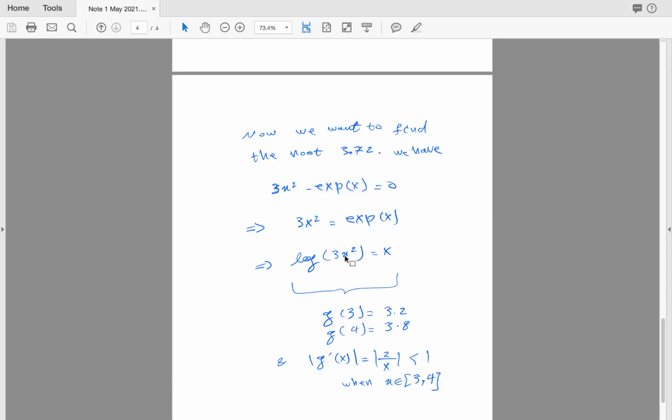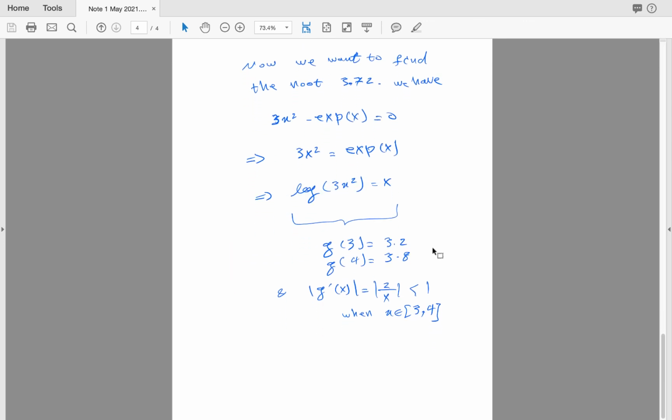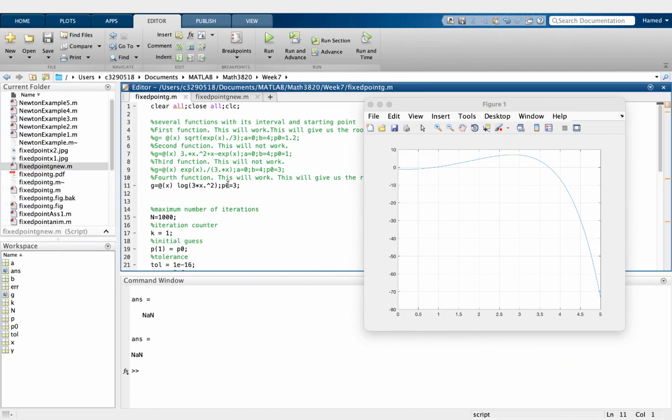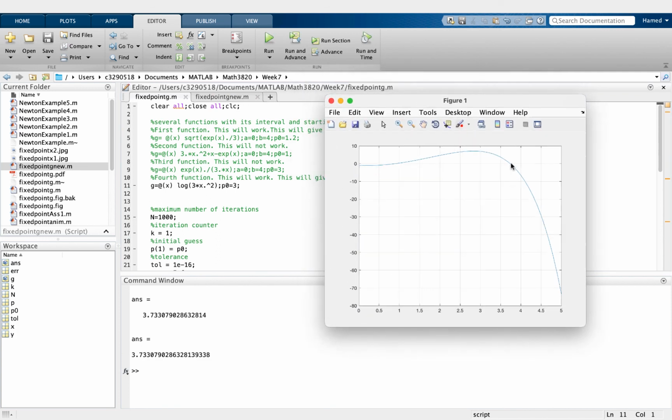This time the strategy is a little bit different, so g of x can be equal to log of 3x squared, with the initial value equal to 3. You can see that the answer 3.7 is given to us with an appropriate g of x.